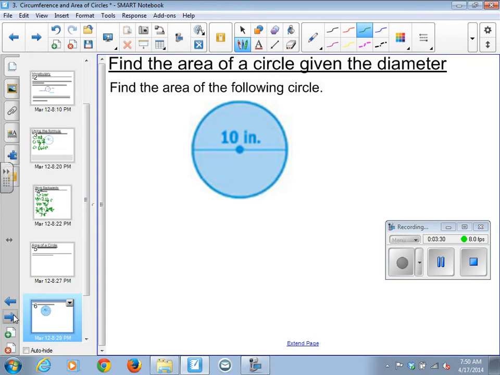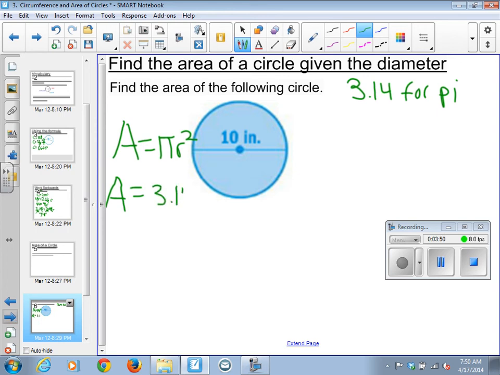We're going to find the area of the following circle. So here we're given diameter. Okay, we have to get it down to radius. So our formula, A equals pi r squared. Area is still the unknown. I'm sorry, we're going to use 3.14 for pi. So we'll say 3.14 times 5 squared.